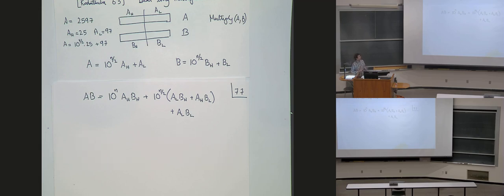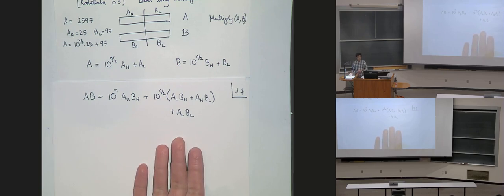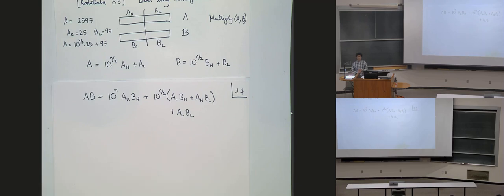So how many multiplications are you then doing of the smaller version? How many smaller multiplications are you doing? How many do you need to do? Three? Why 3? 4.